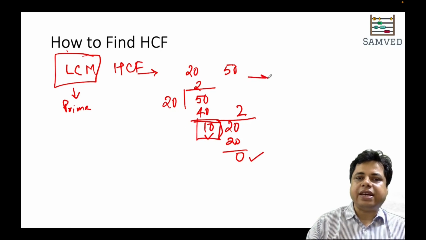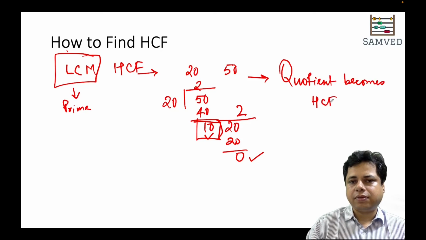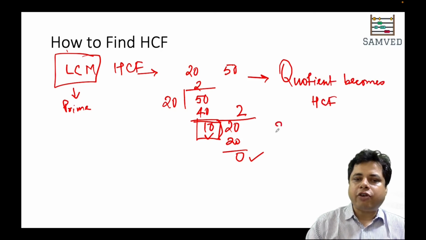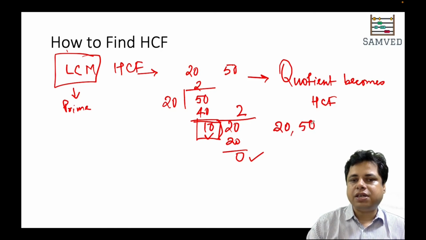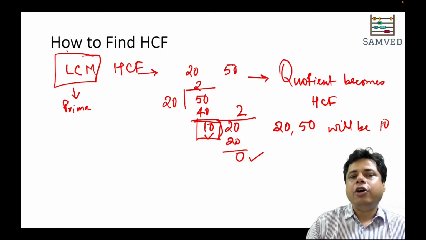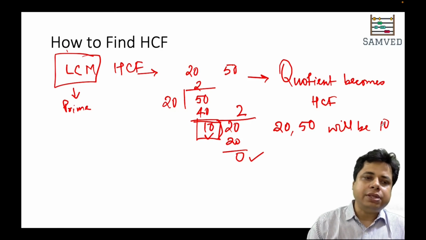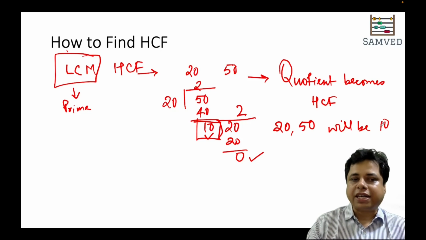And in this case, the quotient becomes the HCF. So the HCF of 20 and 50 will be 10. This is another method of finding HCF which might be useful if you encounter large numbers which are very difficult to break down into prime factors.